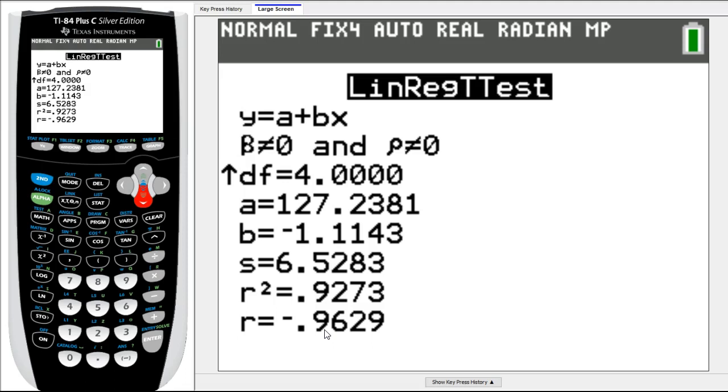So if it's negative, that means there's a negative relationship. If it is positive, there is a positive relationship. This R value is always in between -1 and +1. The closer it is to 0, it means that there's really no correlation.